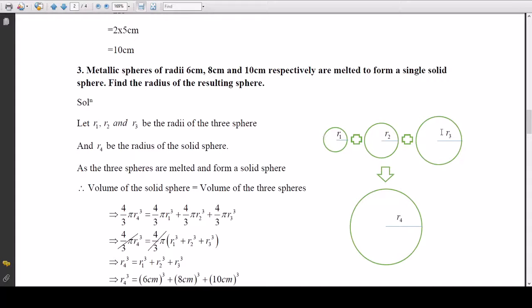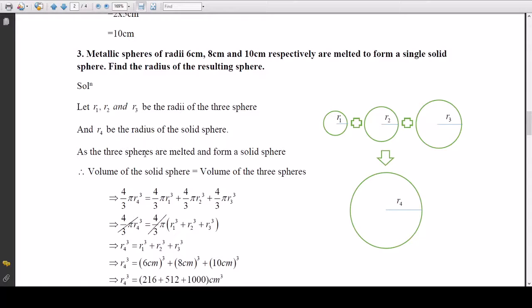R1, R2, R3 melted to form a big sphere of radius R4. Here let R1, R2 and R3 be the radii of the three spheres, and R4 be the radius of the solid sphere.